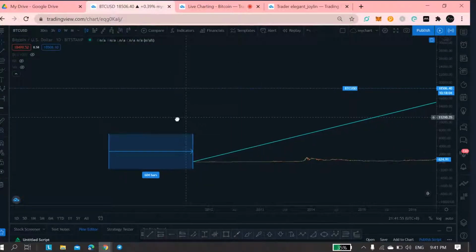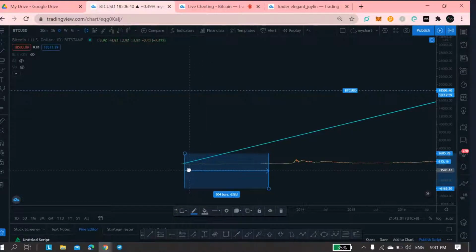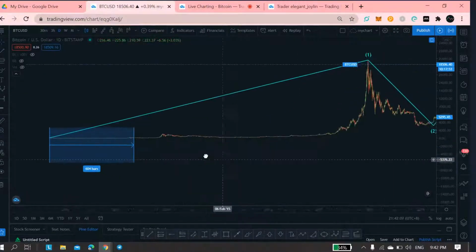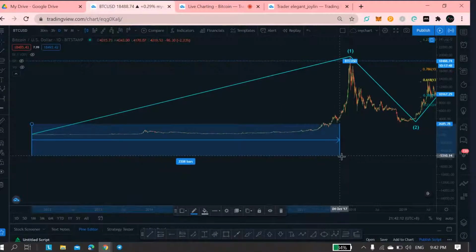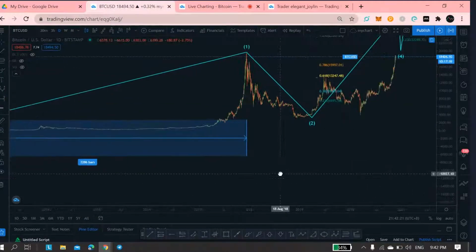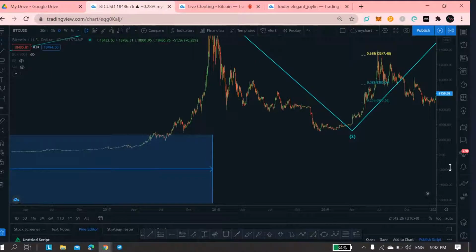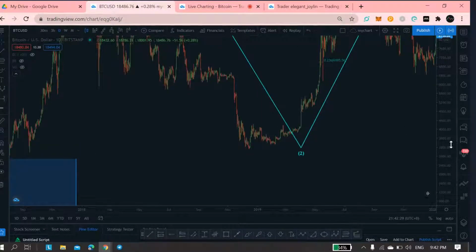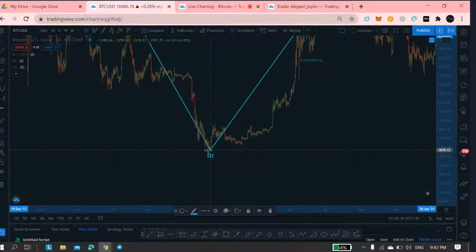This is the wave 1 start until the 20,000. So that's approximately 2,286 bars. And then the wave 2, let's look at the low of this one, which is this area. So we'll just adjust it, and here.